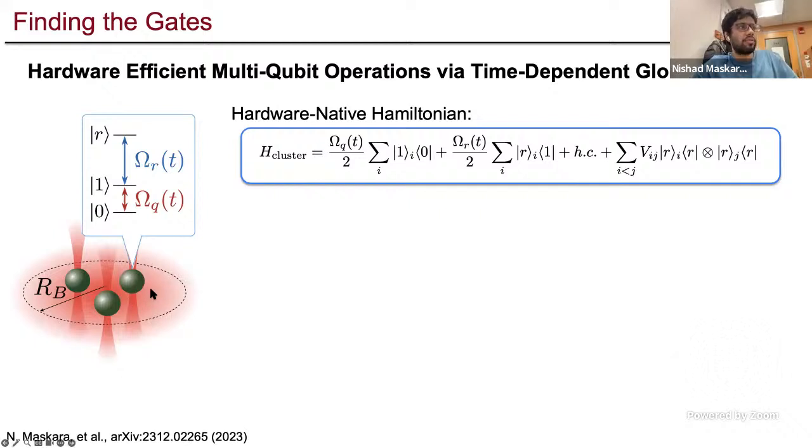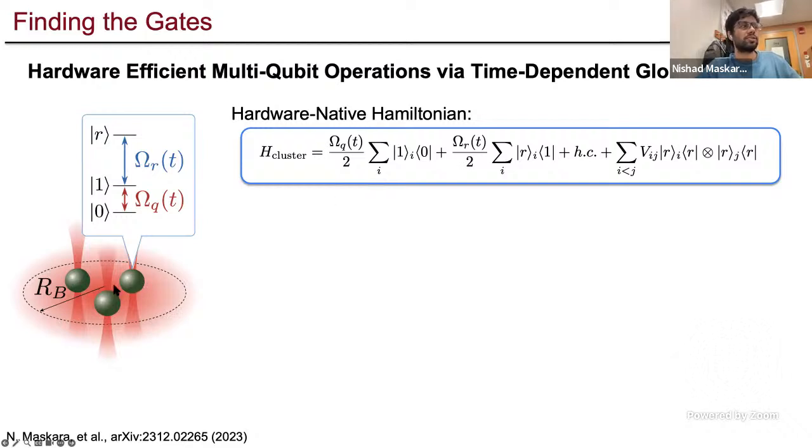If you have a Rydberg Hamiltonian for a group of qubits, it can essentially be written like this. So we work with 3 of the states of this Rydberg atom. 2 of them form a qubit degree of freedom, labeled 0 and 1. And the third one is a Rydberg state that has strong interactions.